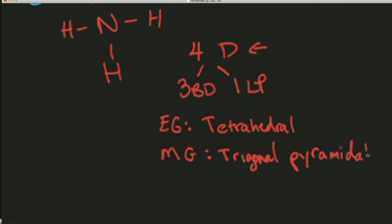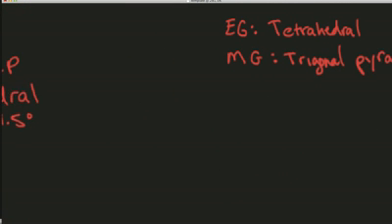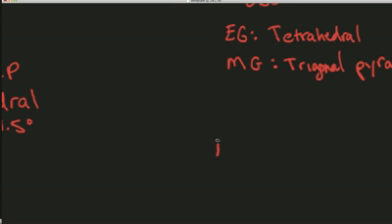So the normal bond angle was 109.5, and the lone pair, the way it works, will take that bond angle and decrease it a little bit. So we would have 1 coming out at you, 1 going back into the page.